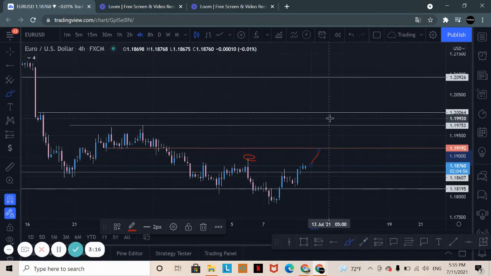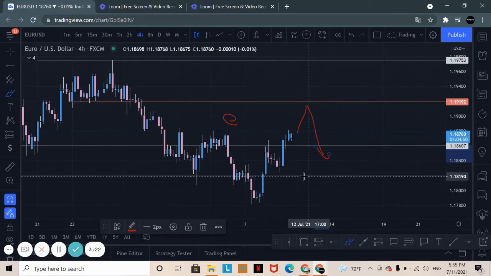We might see a continuation or we might see a deeper retracement, okay? If we are under this high, I don't want to see much of a retracement. I want to see a retracement possibly at the most around this level, testing this area of consolidation here, and rally up to test the bottom end of this consolidation, okay?